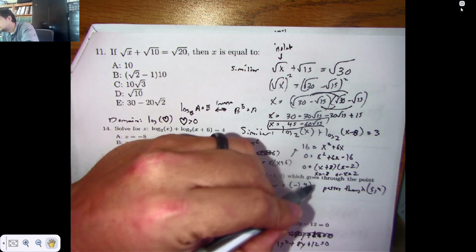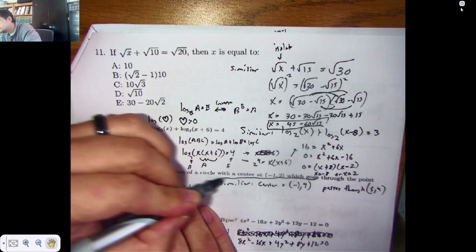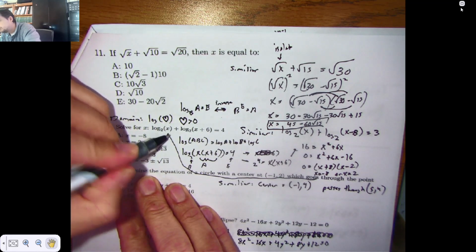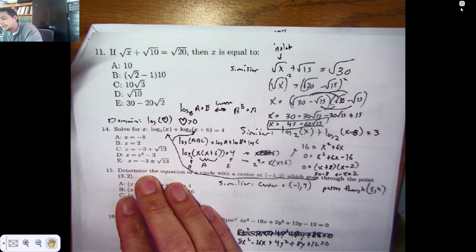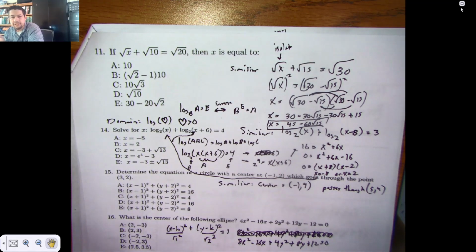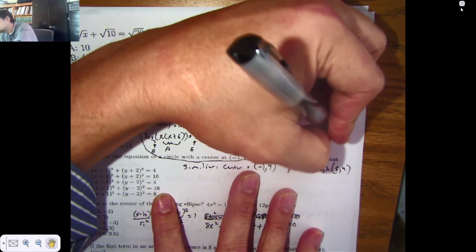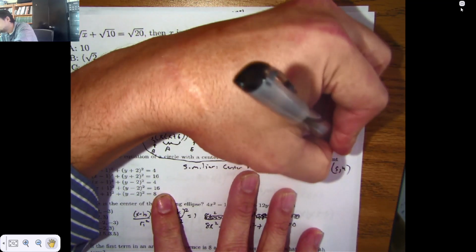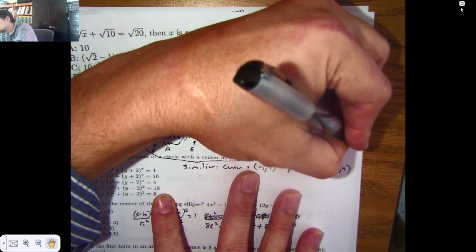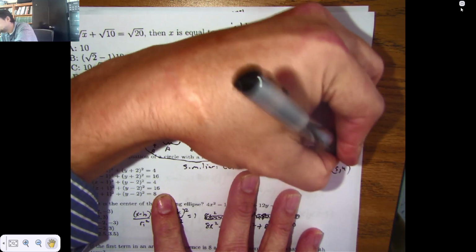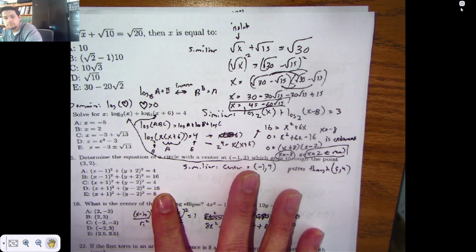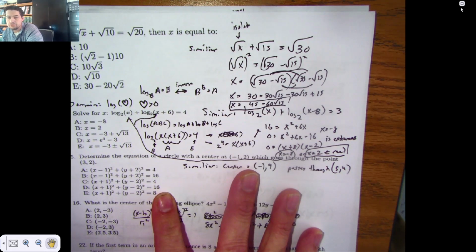So, if I take that negative 8 and I plug it in right there, or right there, I get a situation where I have a negative. So this little dude, x equals negative 8, is extraneous. And this is real. The only answer is 2.